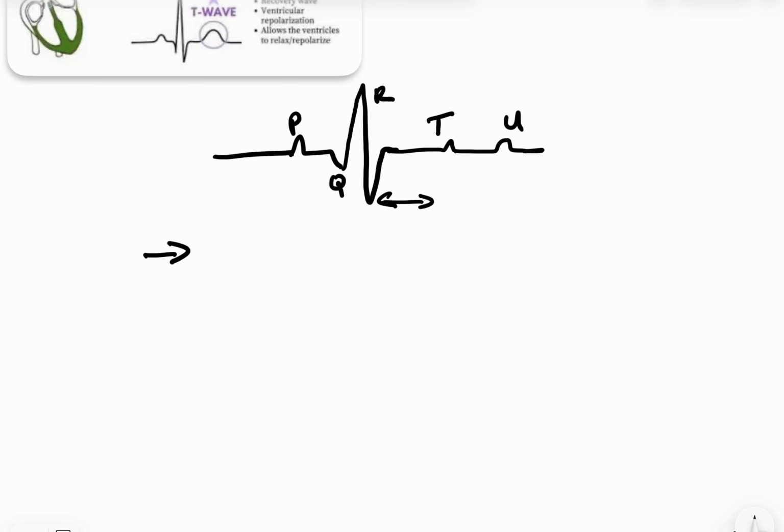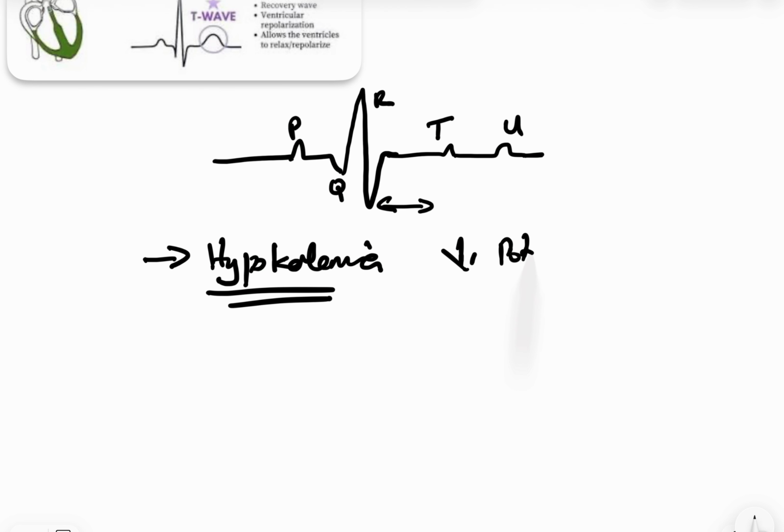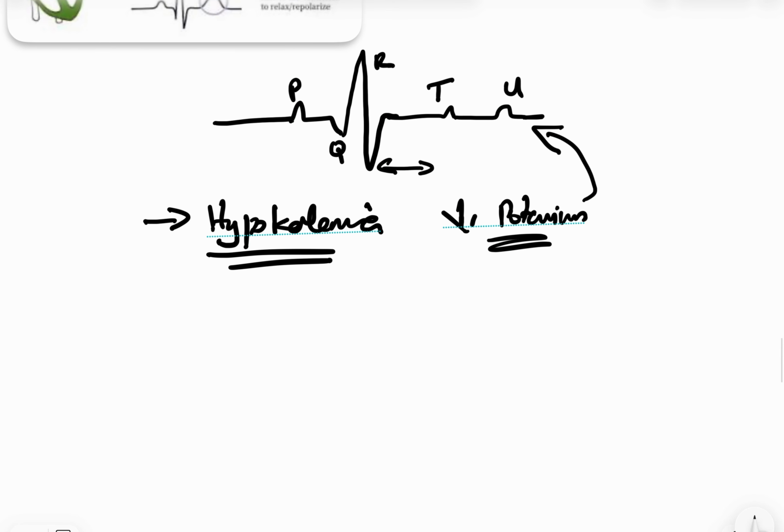In case a patient has a U wave, the diagnosis is hypokalemia, or reduced potassium. If the patient has reduced potassium in blood, the patient will come up with a U wave. This has been asked many times, very, very important. The presence of a U wave in ECG shows hypokalemia of the patient.